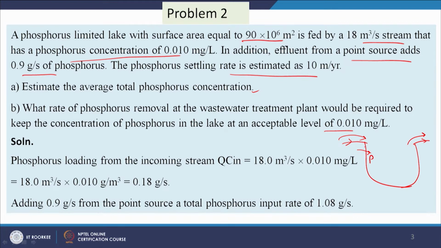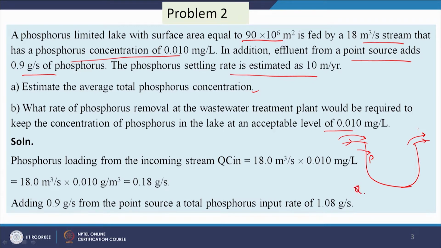The sum of phosphorus in the input stream minus disappearance due to reactions or settling is equal to the phosphorus going out.